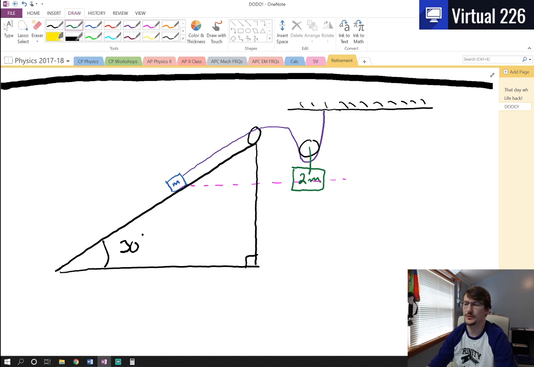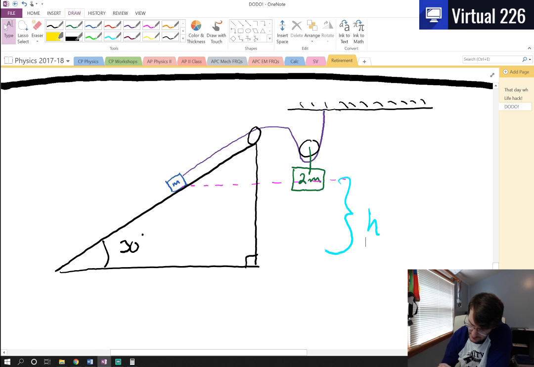And I guess I'm solving it in terms of h again. Or this is some height h.